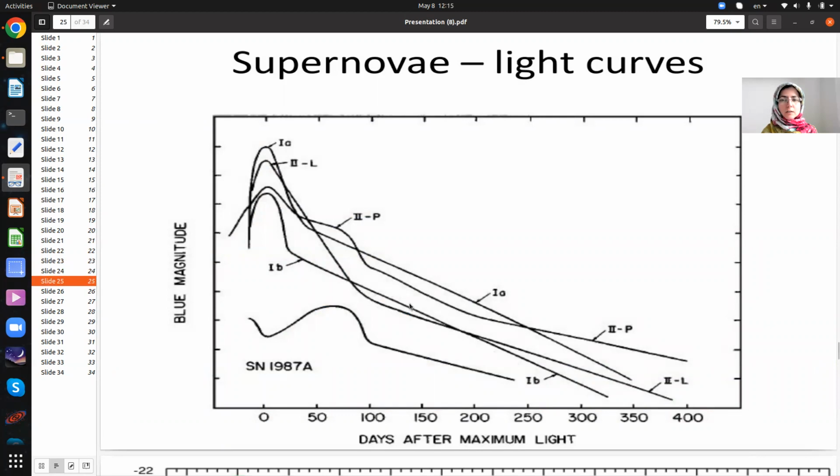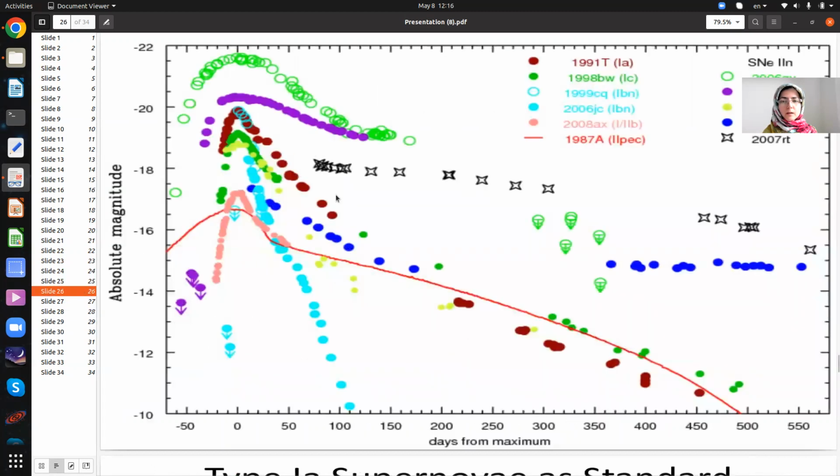You see here the light curves of supernovae, and there are different types of light curves for supernovae. Also here, from maximum and absolute magnitude, are different kinds of supernovae, and this is related to supernova 1987A.